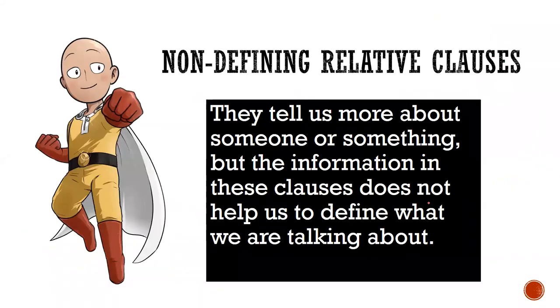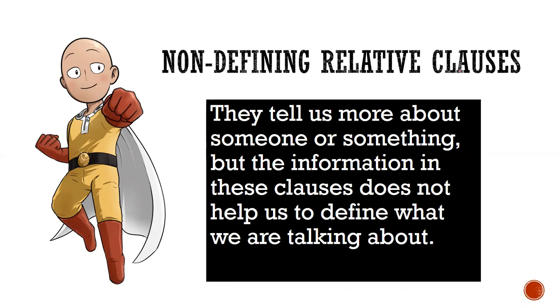This next one is the other type of relative clause, which is non-defining relative clauses. Okay, so for this, we have to go back to defining relative clauses. So for defining, we must remember essential information, they define or identify what we're talking about. All right, so this is going to be the complete opposite. Let's read this first.